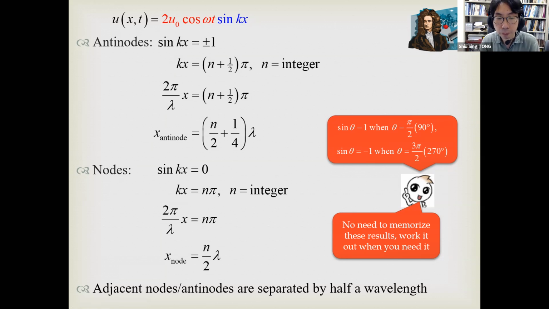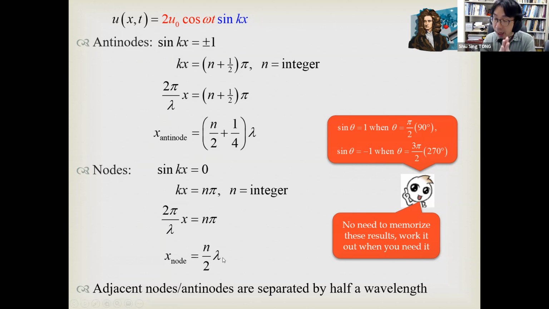Now you can see that when I increase n by 1 or decrease n by 1, the position changes by half of lambda, because this factor is n over 2 multiplied by lambda, and this factor is also n over 2 multiplied by lambda.